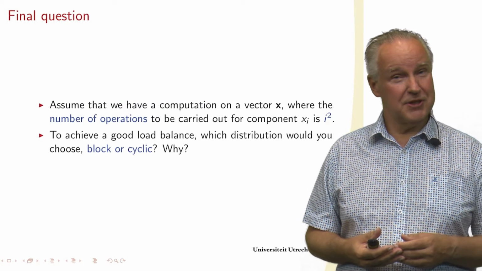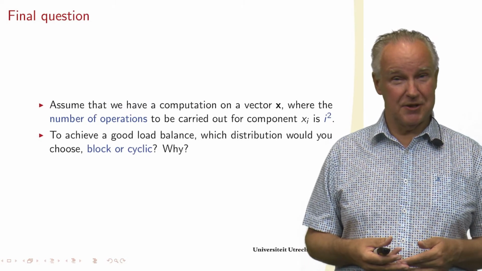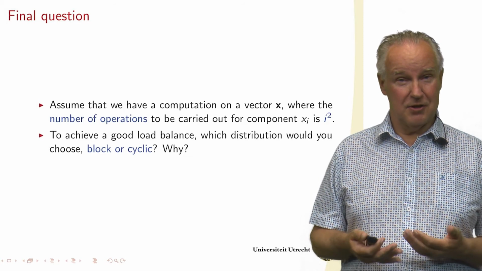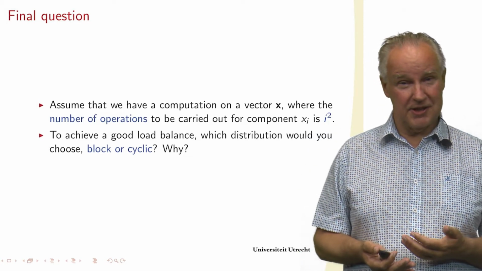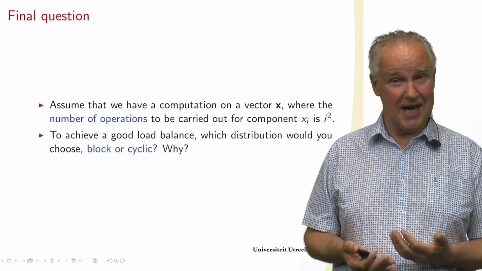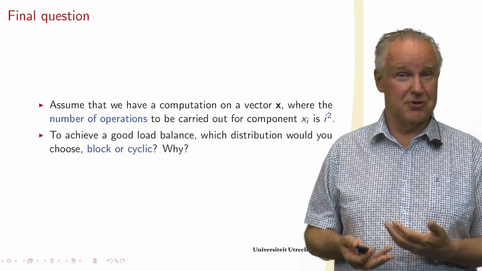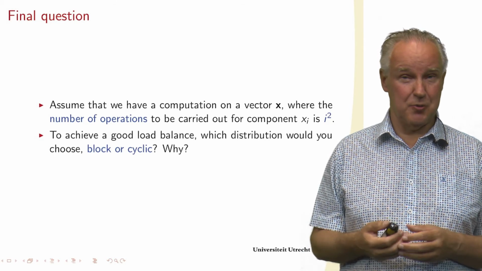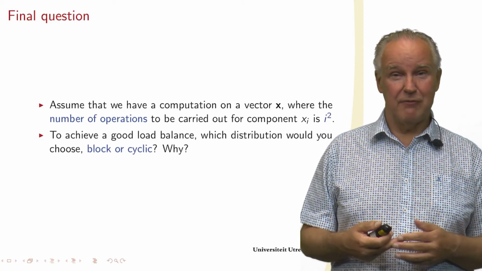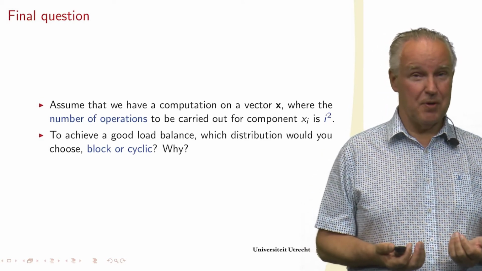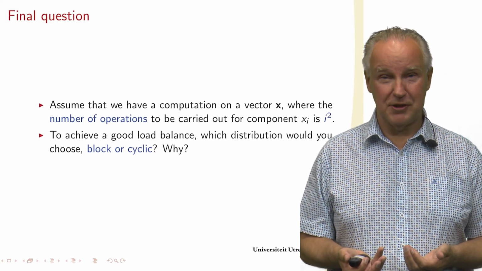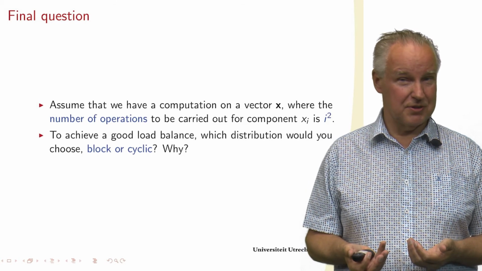My final question to you is about a situation where we compute with a vector x, but the number of operations to be carried out for a component x_i depends on i, the index, and it actually is i squared. So if you possess component 3, you need to do 9 floating point operations, 9 flops.